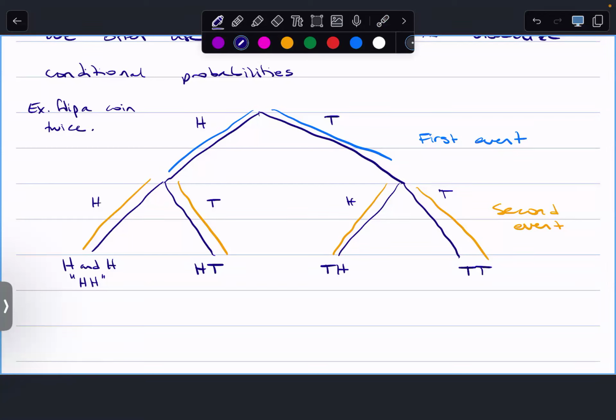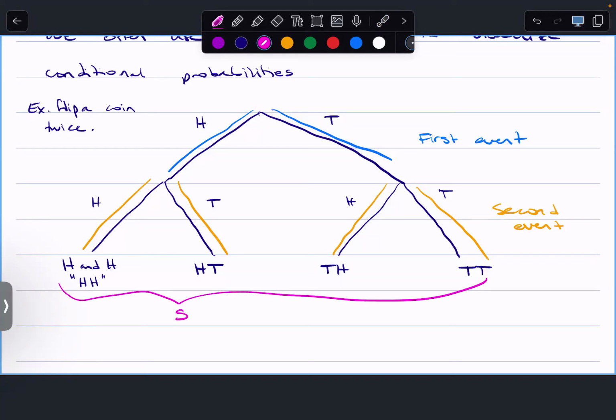Notice now I have my sample space of all possible outcomes, right? This is my sample space, HH, HT, TH, TT, from flipping a coin twice. This is my sample space, S, all possible outcomes.